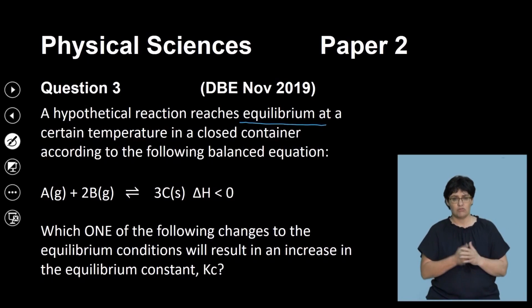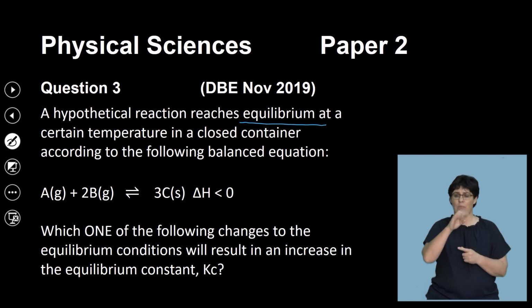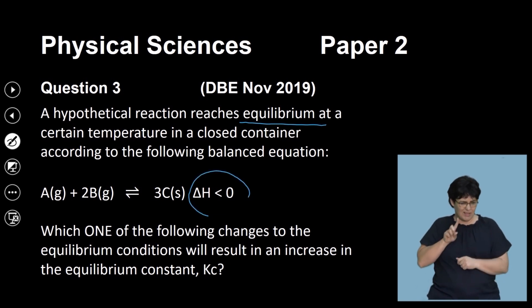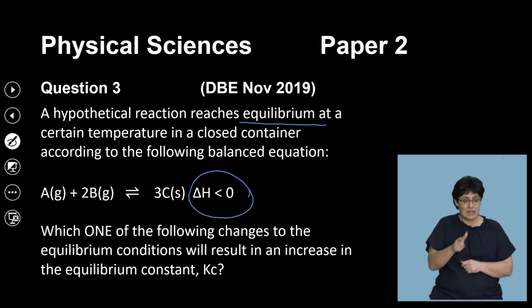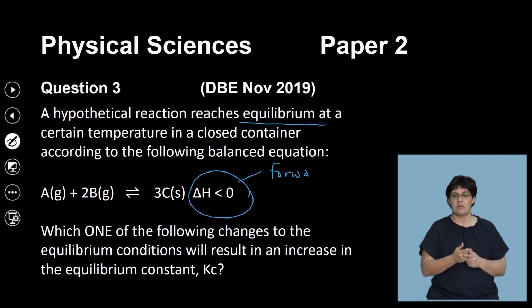And then at a certain temperature in a closed container, according to the following balanced equation. So it's a hypothetical, but pay careful attention to that. This tells us something about the forward reaction. It says that the forward reaction is exothermic.